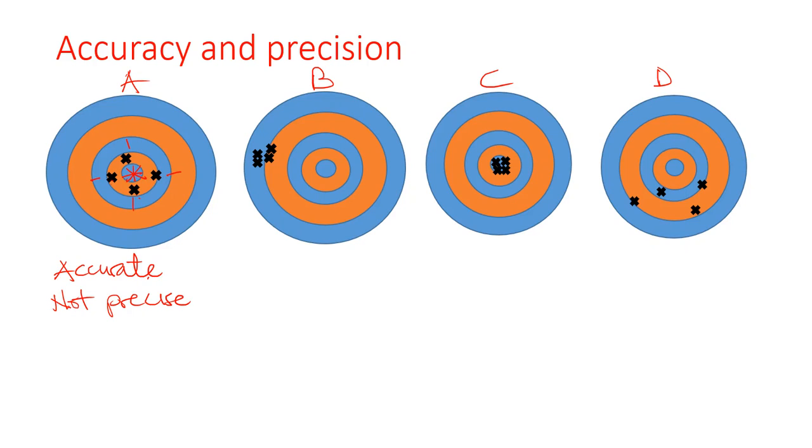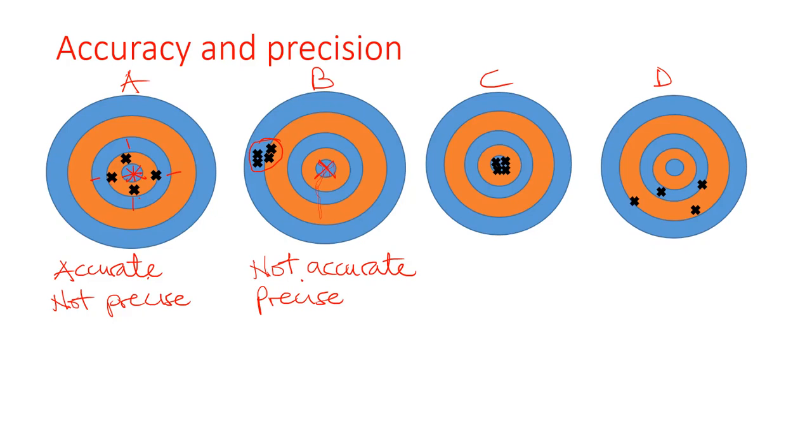For B, we are saying this is the true value. And the dots here are far away from the center there. So this one is not accurate. But the values are very close together. So it is precise.